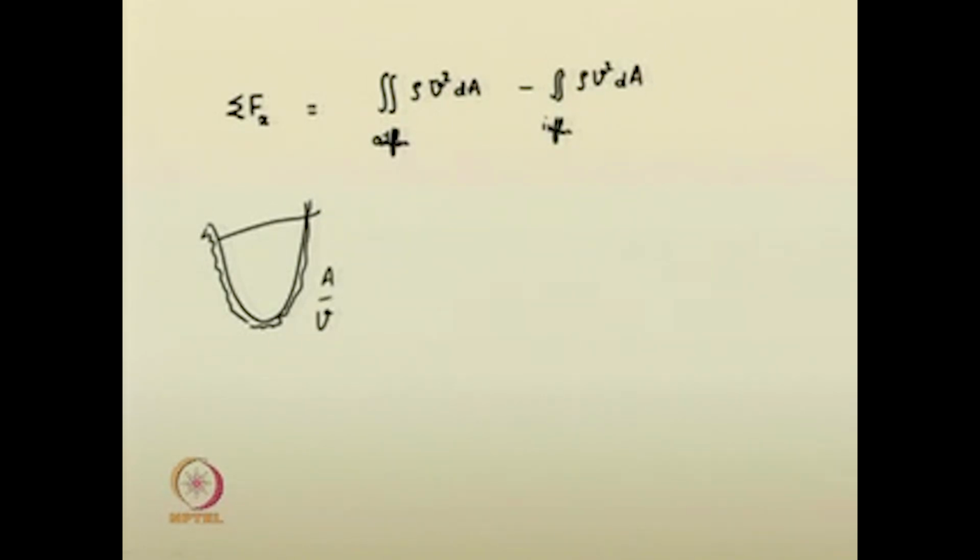If the average velocity is v, this quantity, that is the areal integral, that is why we are giving it in that form.